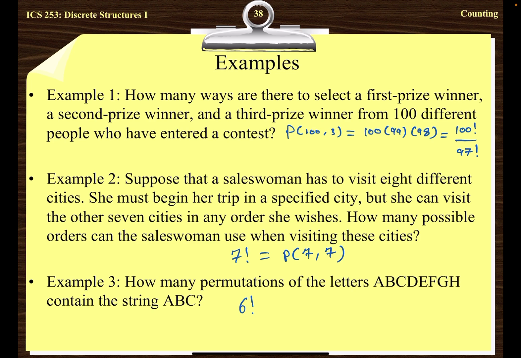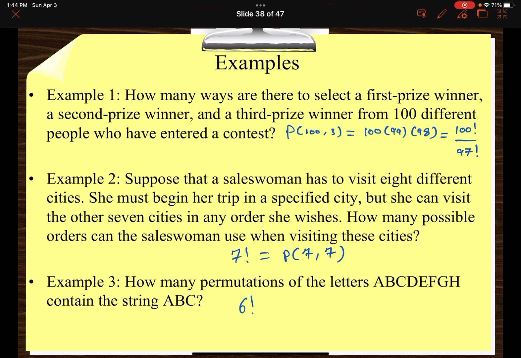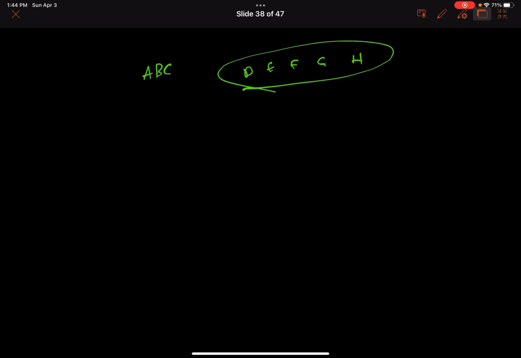In fact, one of you in the other section looked at it this way. He said first, okay, I have an ABC, right? And then what do I have? I have D, E, F, G, H. For these, how many ways do I have to order them? 5 factorial, right?